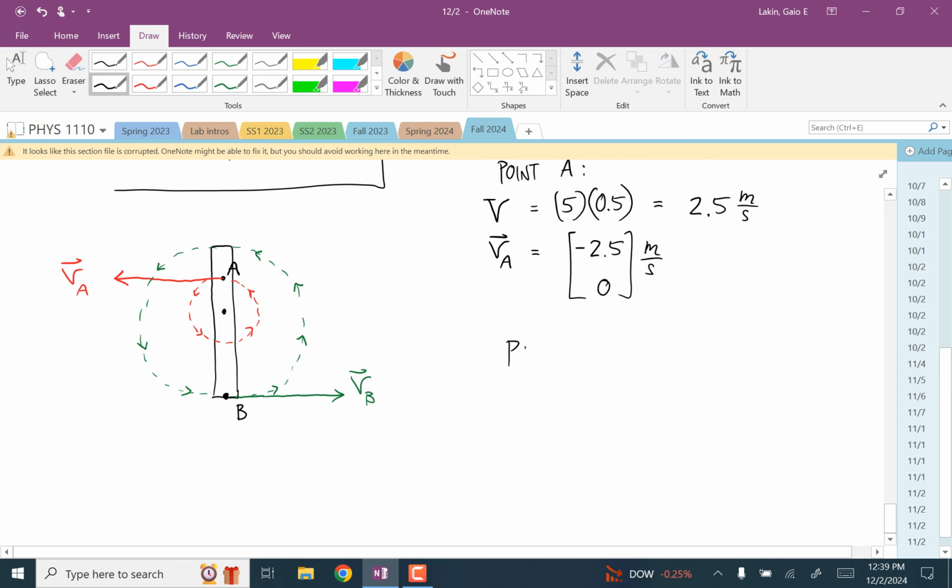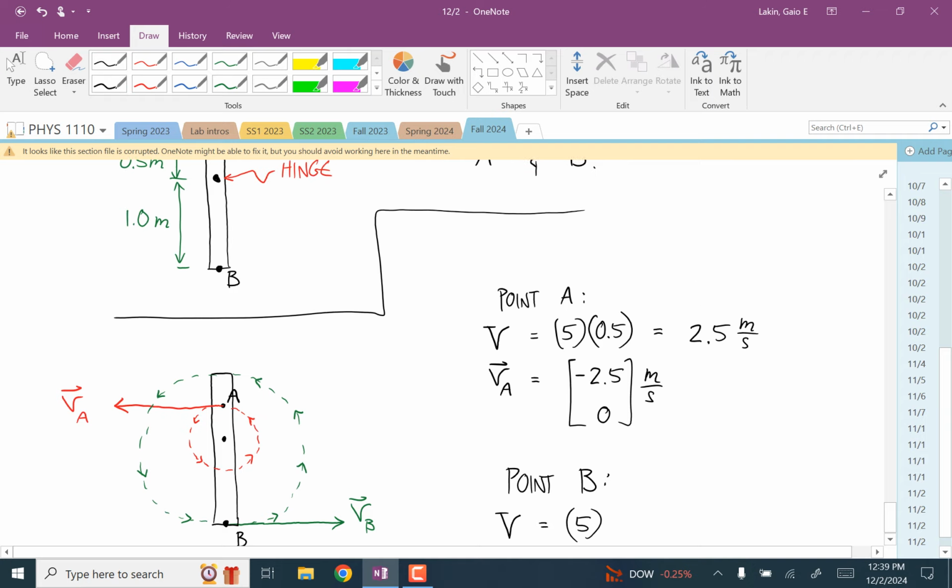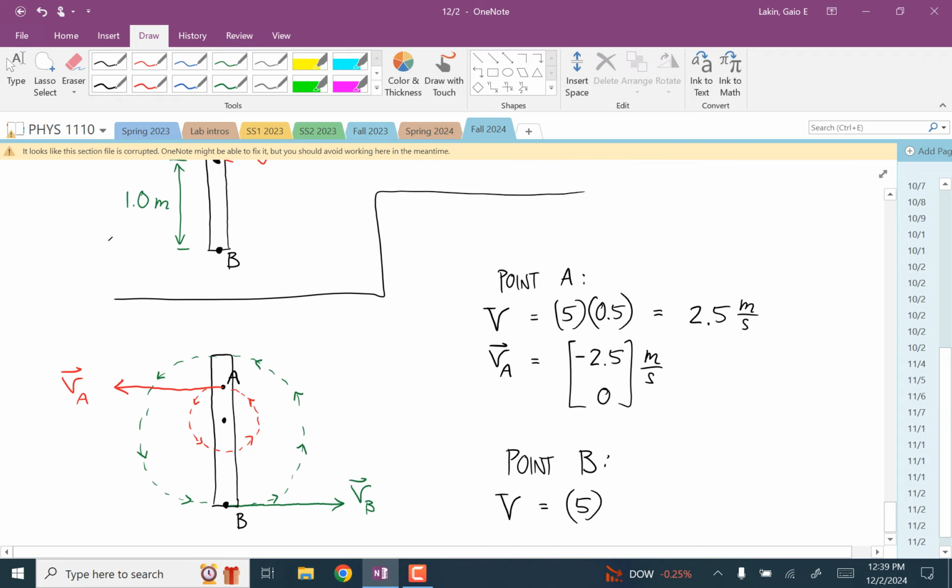And then at the point B, the angular velocity of the body is the same for all these points. So that's still going to be 5. But now we're a distance of 1 meter from the hinge.